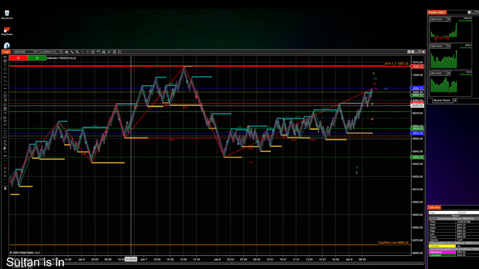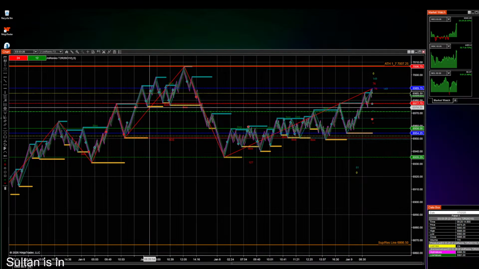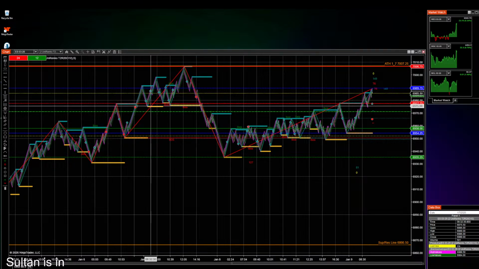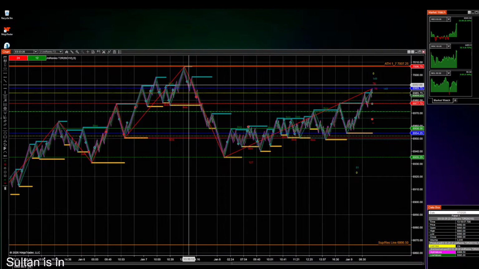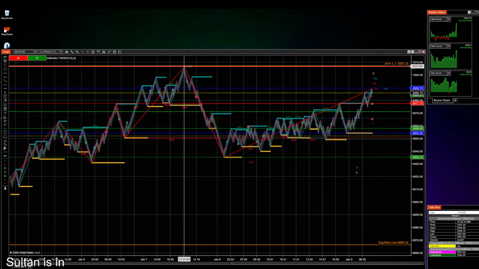For instance, this one right here had reached this projection dot right here, but it did not go back 24 points to form a new line, so it just continues on until it does.